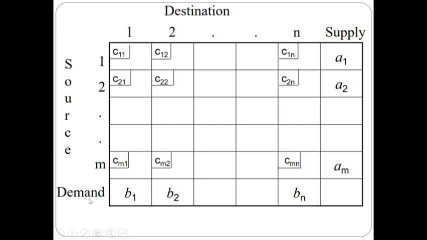The demand of every destination is arranged here, B1 to BN, and the supply from each source is arranged here, A1 to AM. The cost for the particular transportation is available in matrix form. For example, C22 is the cost required to transport a single unit from source 2 to destination 2.